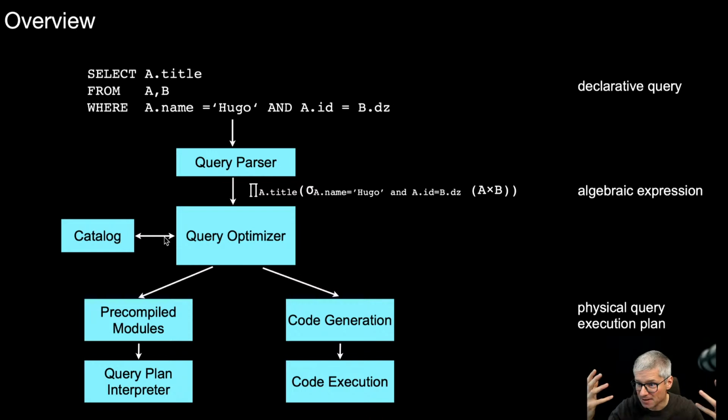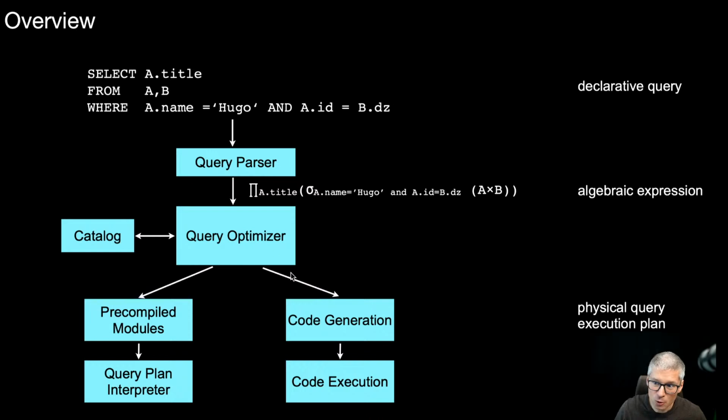All of this metadata, information about the actual data, is stored in the catalog. And the query optimizer can freely query that catalog. And fun fact, the catalog is a database. It's a database with tables, relations, just as a normal database, but it's kind of built in every database system.